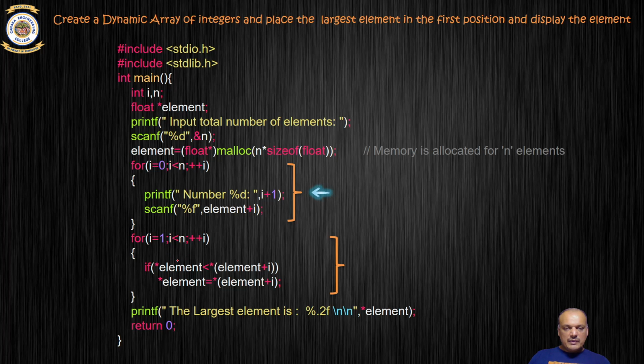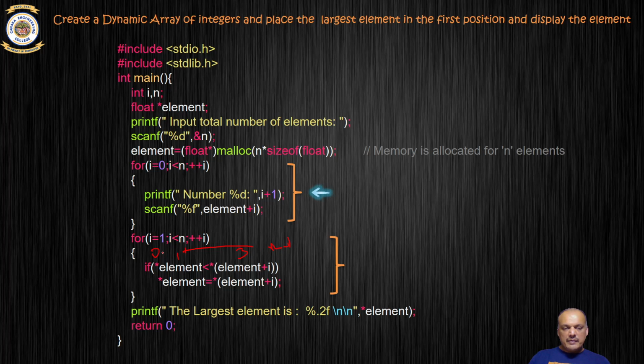Okay, so if the first element is smaller than the second element, then replace the second element by the first element, or rather replace the first element by the second element. In the later iteration, if the first element is smaller than the third element, then replace the first element with the third element, and so on. So this goes on from 0 to n minus 1.